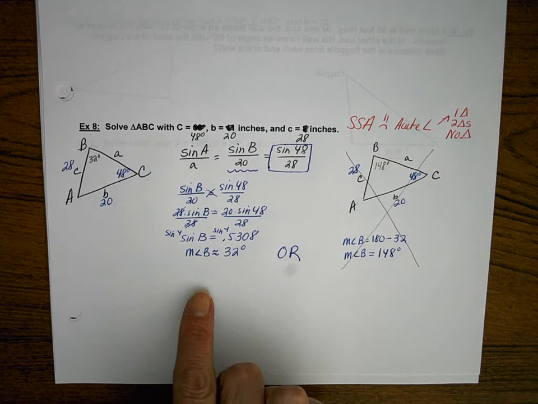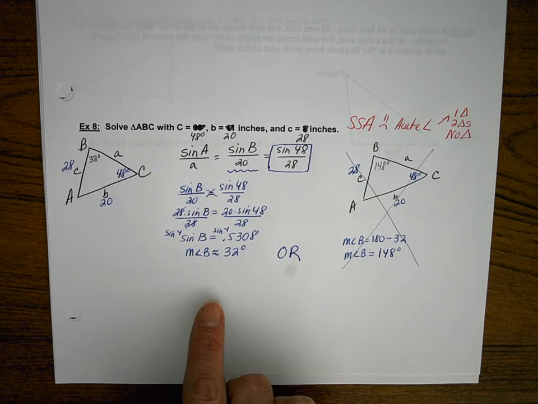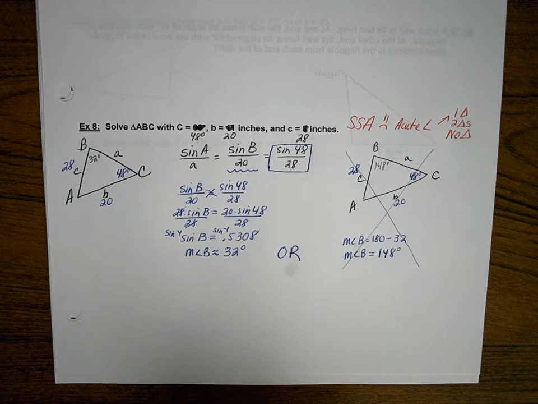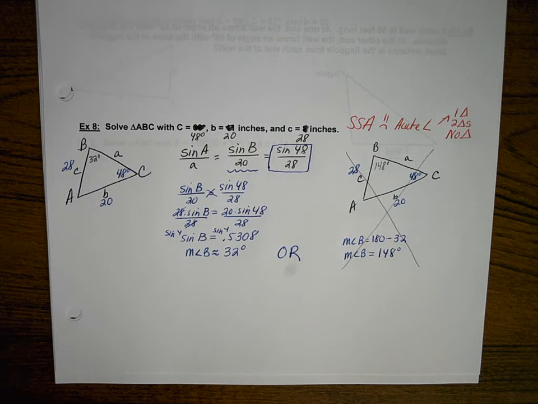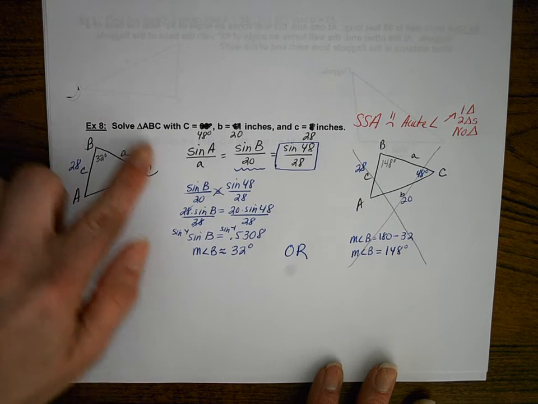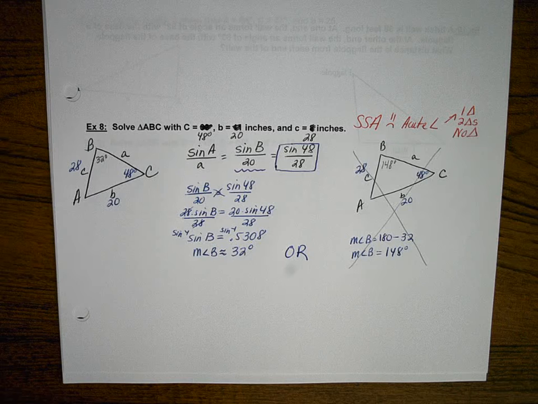Now, am I done over here? What did my instructions tell me? Solve the triangle. What does it mean when we are solving the triangle? Find every side and every angle. So anybody got a thought in this picture right here? What's the next thing I could probably find?